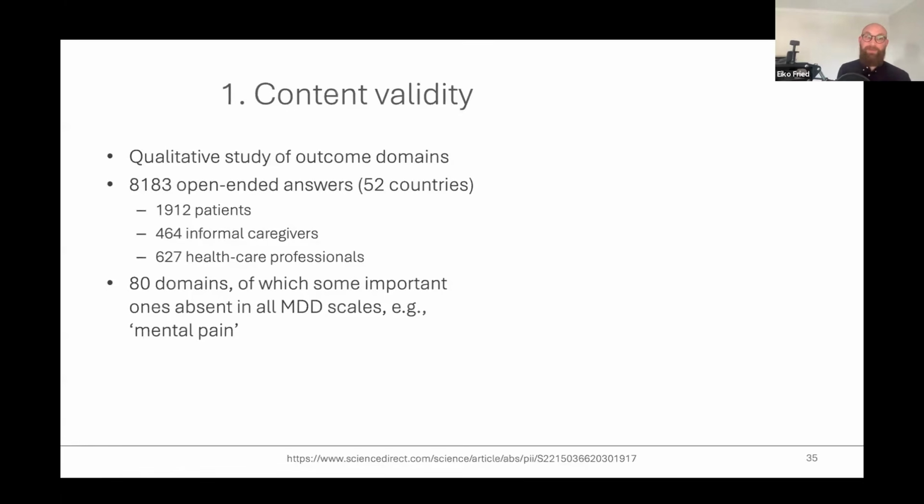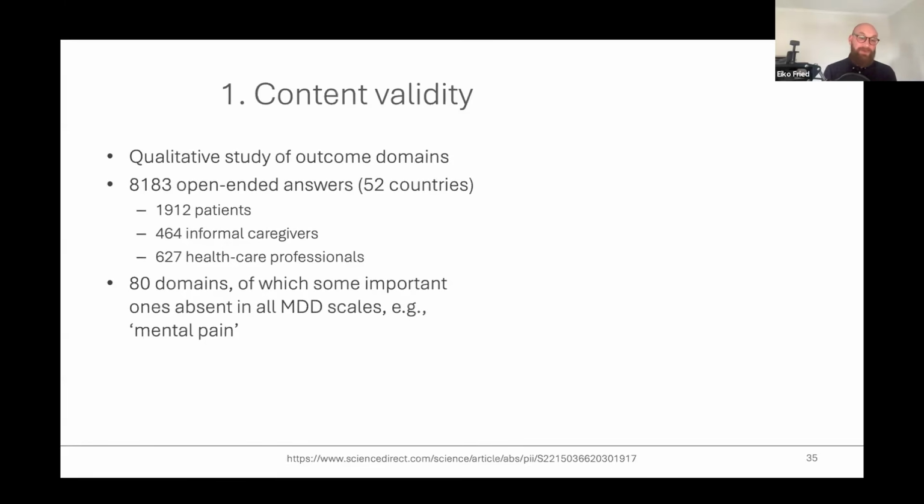It was a qualitative study. We received 8,000 open-ended answers from 52 countries. And this was distilled, doing a lot of work. LLMs were not available back then, so this was all coded by a lot of people by hand. And this resulted in 80 domains that folks thought we should measure.